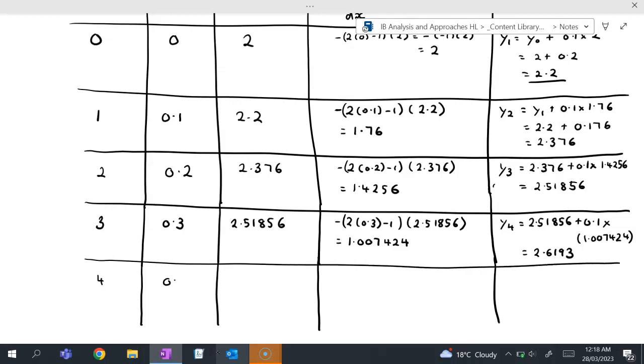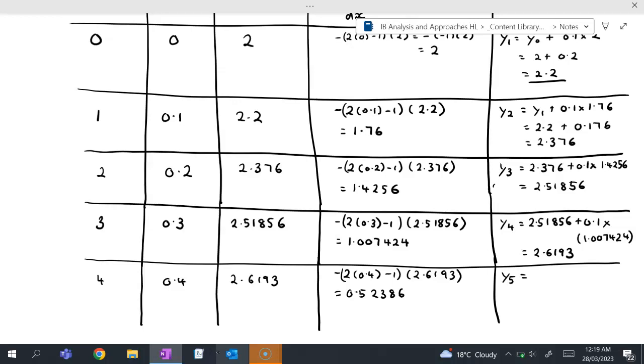So fourth step, x is 0.4, y is 2.6193. The value of the derivative is minus 2 times 0.4, take 1, times by 2.6193. Working that through and calculating it, it's 0.52386.